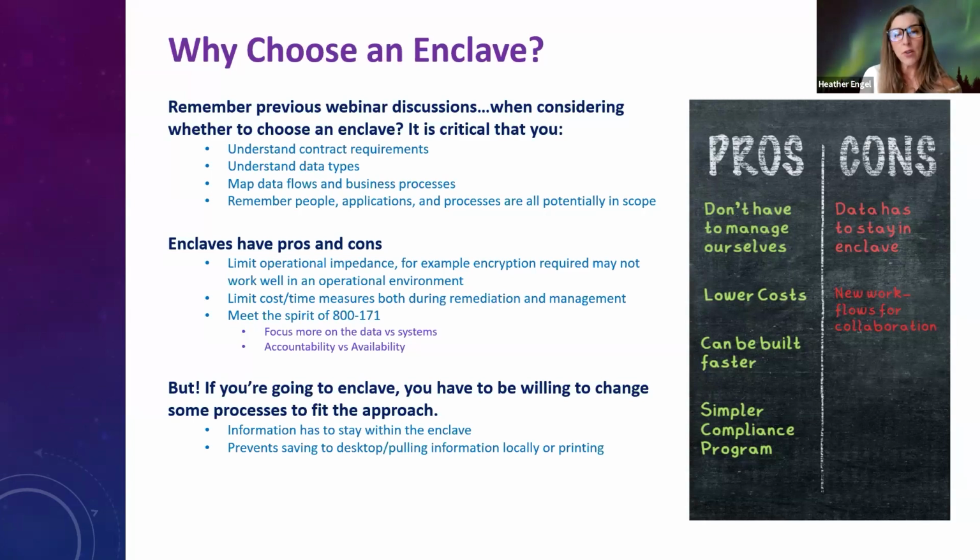But if you're going to enclave, you have to be willing to change some of these processes to fit the approach. As we said, the information has to stay within. If you're not willing or you're unable to change a business process, particularly if it's fairly dramatic, then an enclave might not be the best choice.